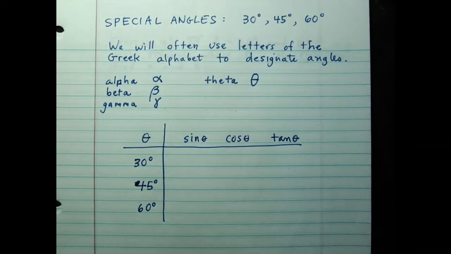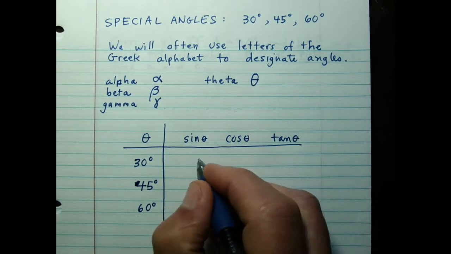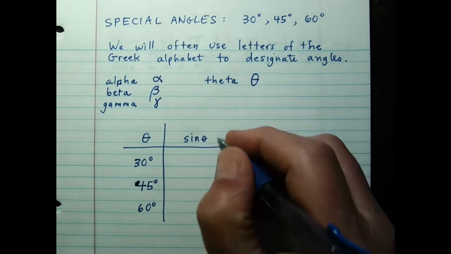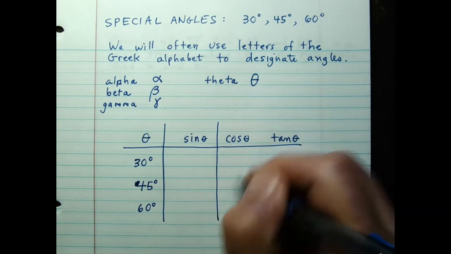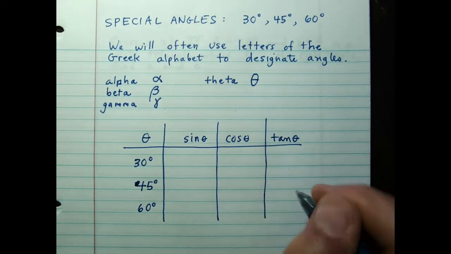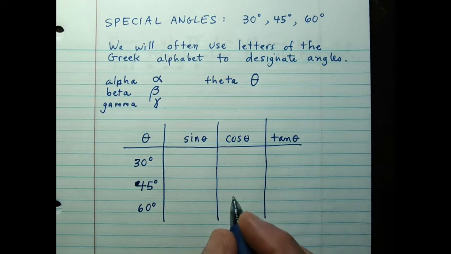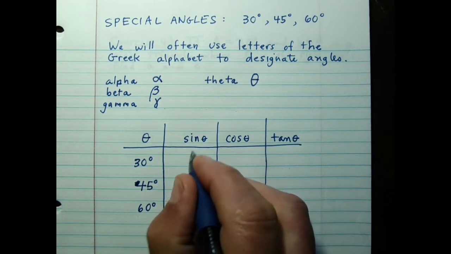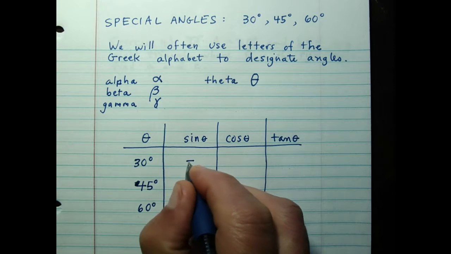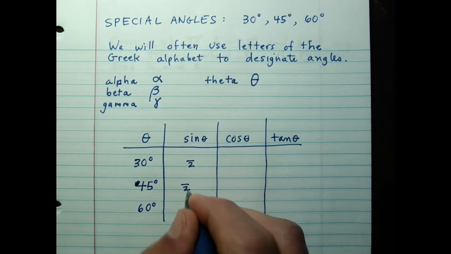And I want to make sure you realize that there's an easy way to remember at least the sine and cosines of these three angles, because you really want to memorize this. And let's just start with sine. Each one is a fraction over 2.